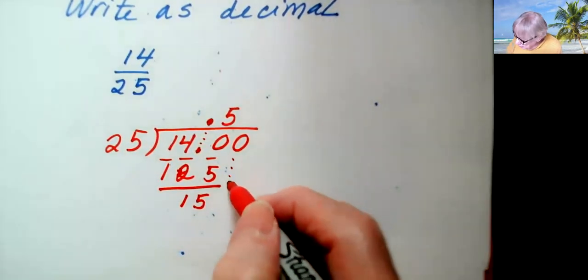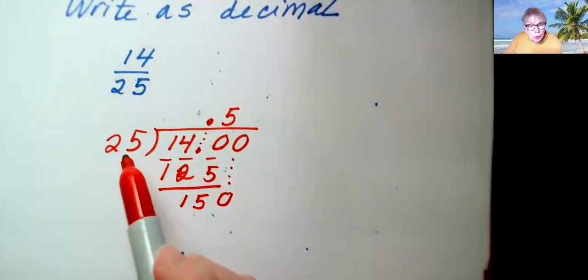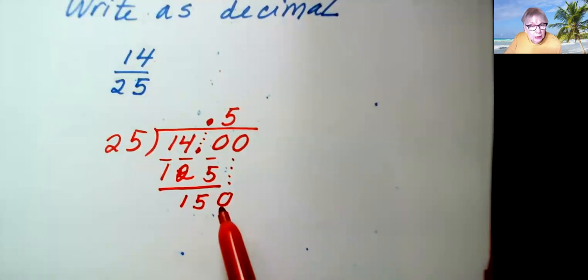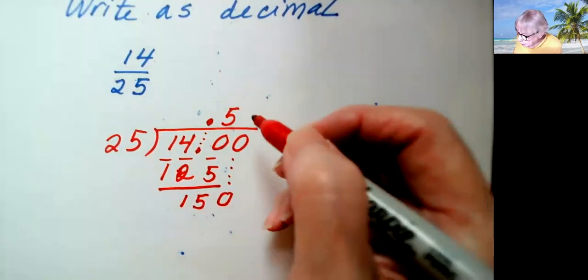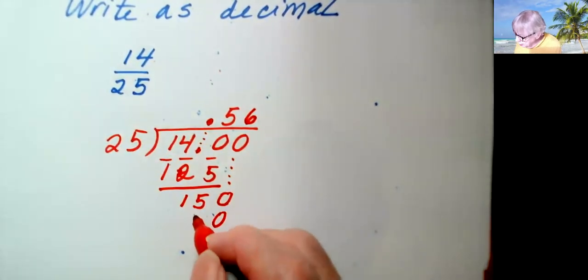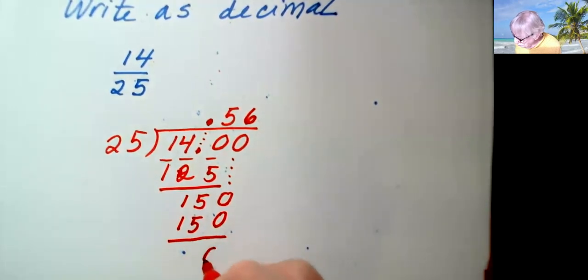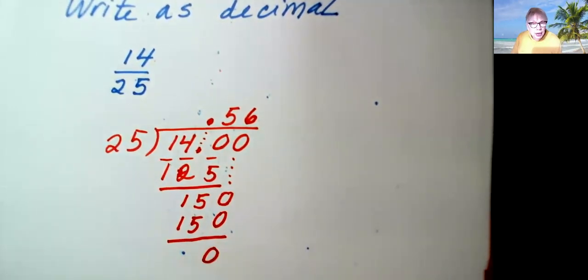I'm going to bring down, oh yes, this is turning out good. 25 into 150. How many quarters in $1.50? The answer, of course, is 6. 6 times 5 is 30, carry 3. Whenever you get a division problem where there's 0 remainder, this is good.